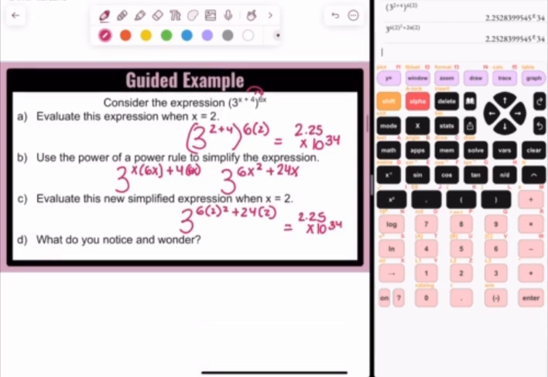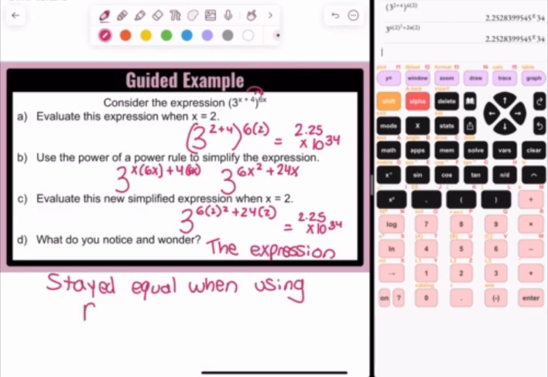So what do I notice? The expression stayed equal when using the power to a power rule correctly. Perfect.